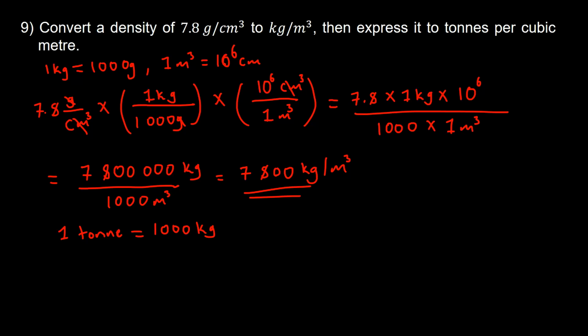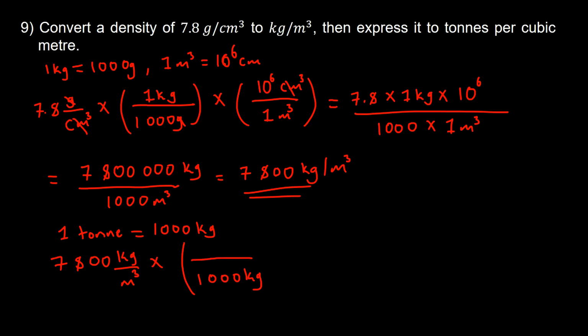We can now multiply the 7,800 kg per cubic meters by the conversion factor. So we want to cancel out the kg, so the kg can be down there.